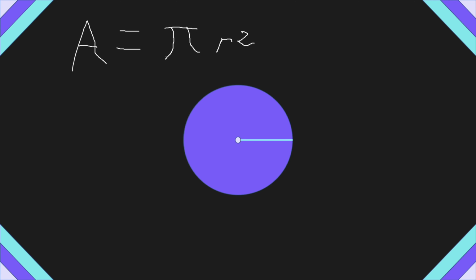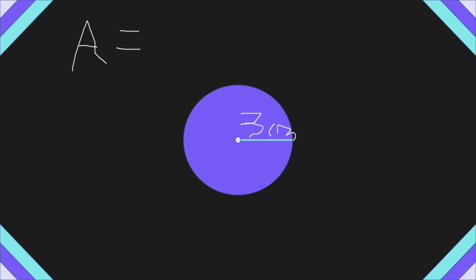So that's our formula. Now say we want to calculate the area for a circle which has a radius of 3 centimeters. Let's replace pi with 3.14 because that's what we're going to use now.